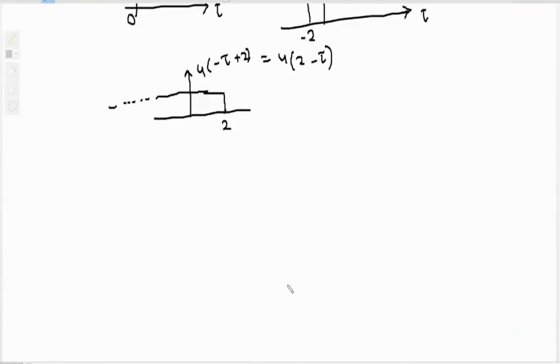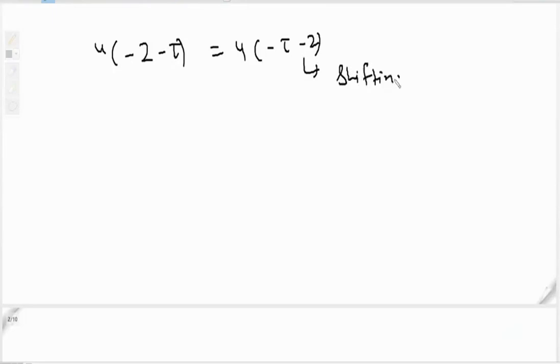Similarly, one more signal I would like to sketch. That is, let us say, u of minus 2 minus tau. So this can be written as u of minus tau minus 2. So this thing is time shifting, and this minus tau means folding.